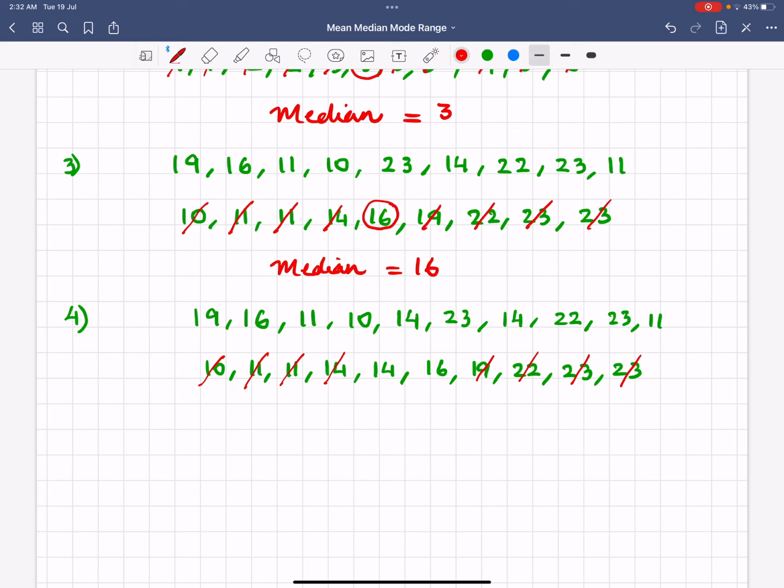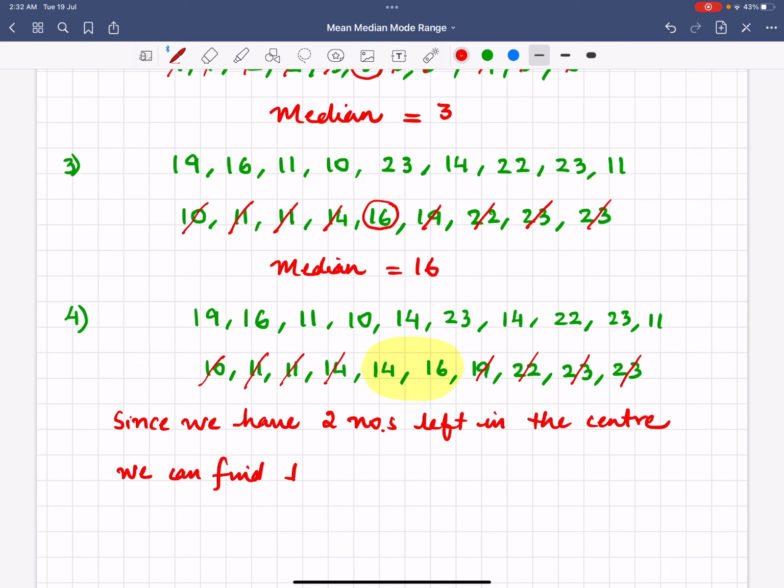So, since we have 2 numbers left in the center, we can find the median by taking the number in between 14 and 16.